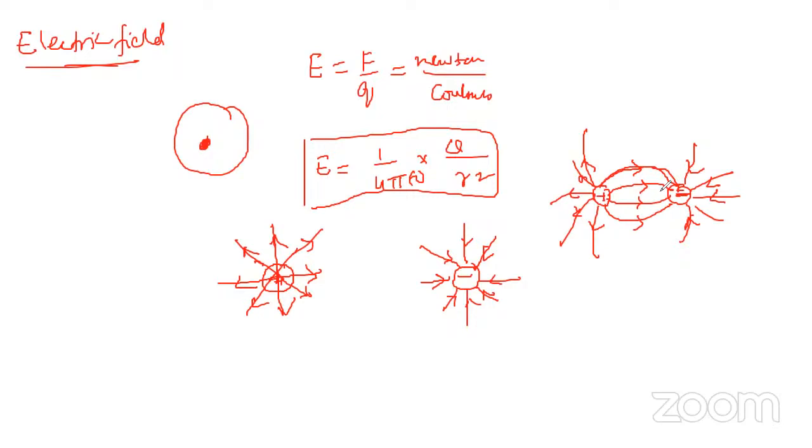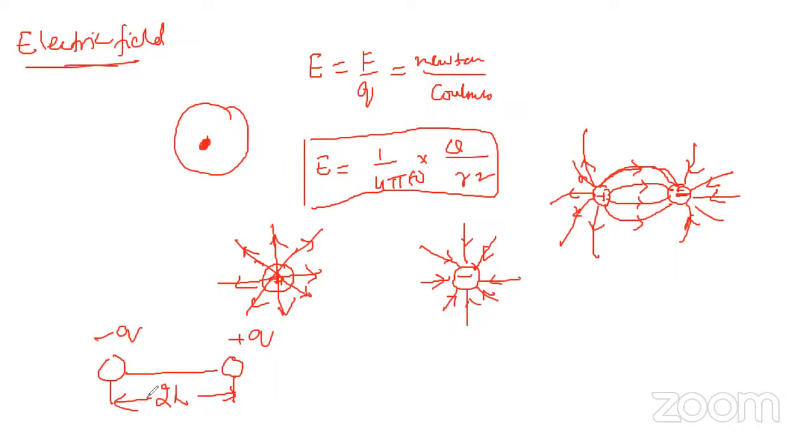Similarly, if you talk about an electric dipole, the arrangement of two equal and opposite point charges at a fixed distance is called an electric dipole.